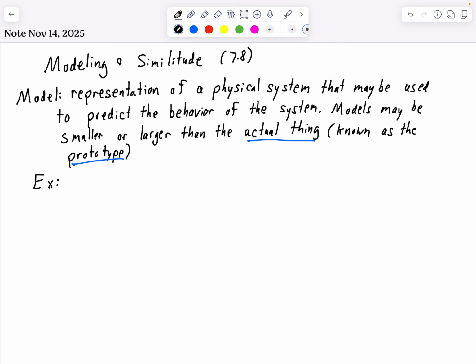So for example, the example that we've talked about is a scaled down airplane wing in a wind tunnel. Right, we have to make these wings smaller to fit inside a reasonable sized wind tunnel, and so we scale that down.